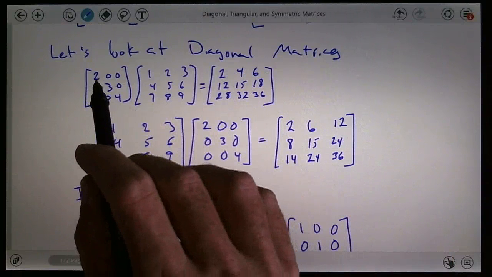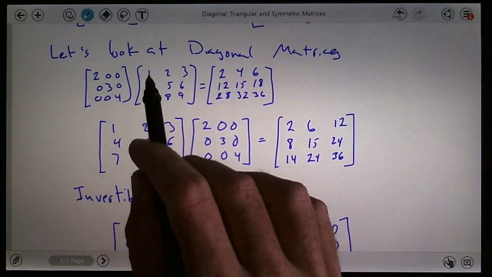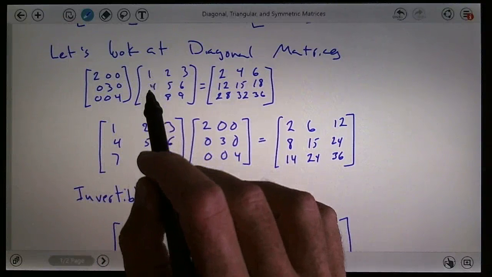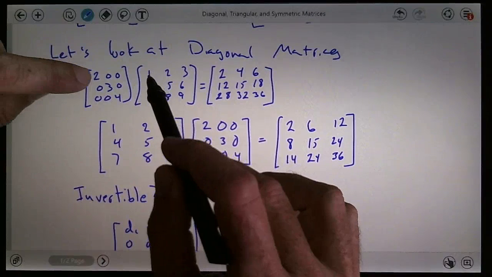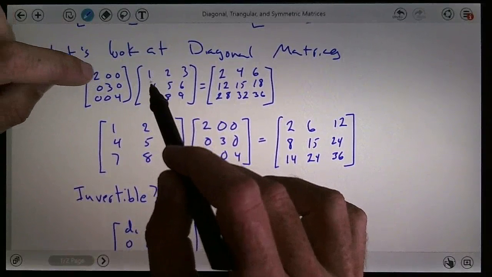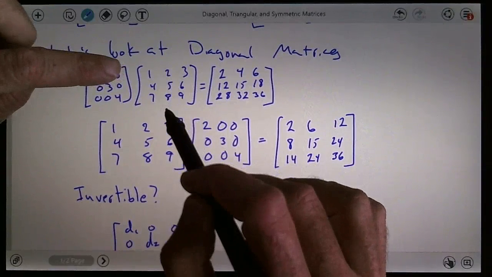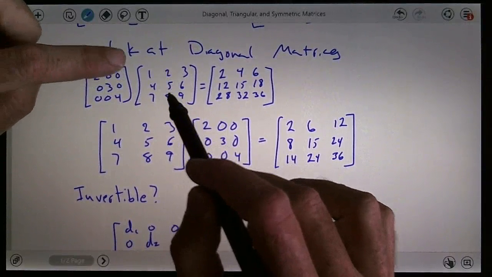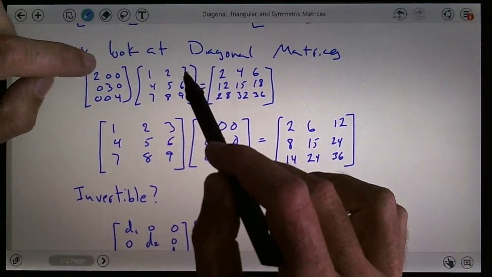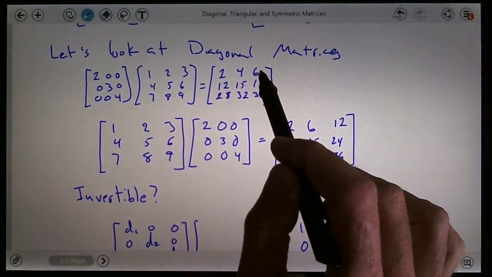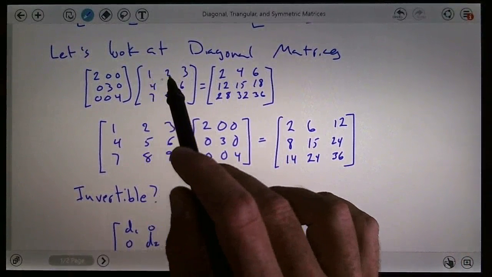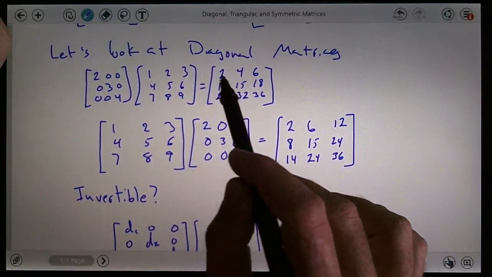If you do it that way, taking this first row, you'd get 2 plus 0 plus 0, that's 2 right here. Then this row times that column, 4 plus 0 plus 0, so there's a 4 there. And then 3 plus 0 plus 0, so there's a 6 there. The net result was that the first row, 1, 2, 3, got multiplied by the 2.